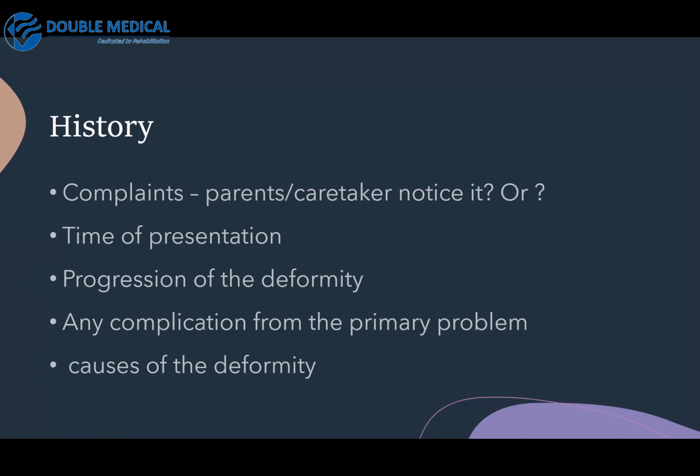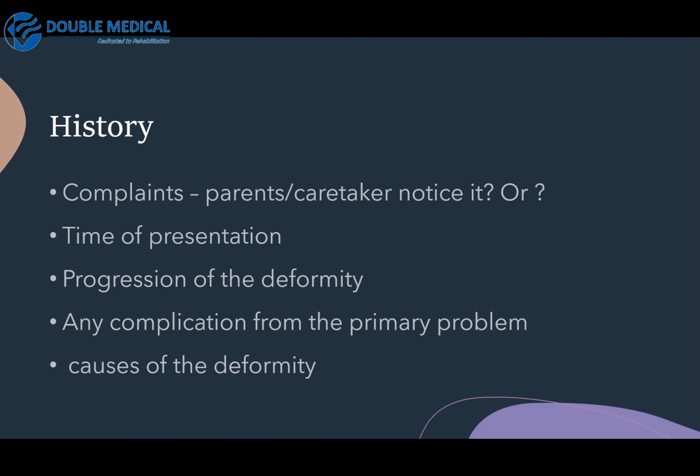For history, we have to also ask about any complication from the primary problem, for example, whether the patient initially had an injury, or whether there is infection or other problems.